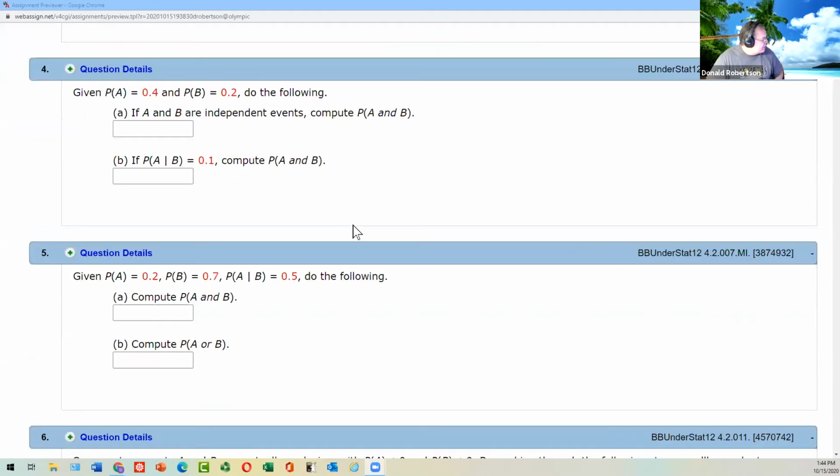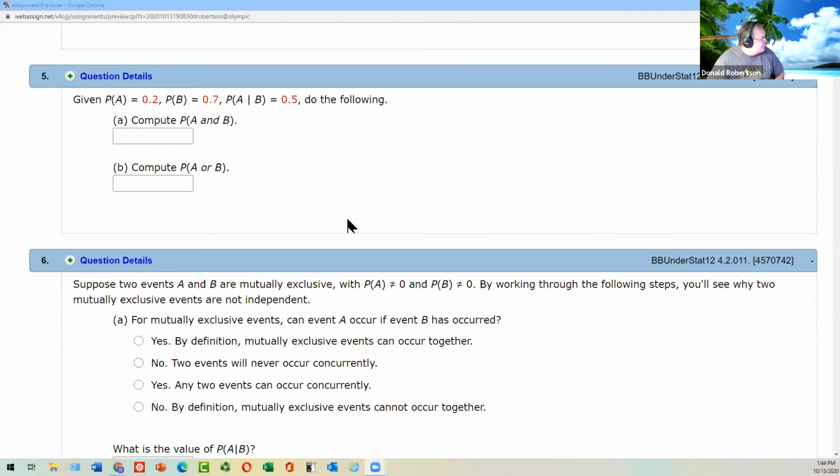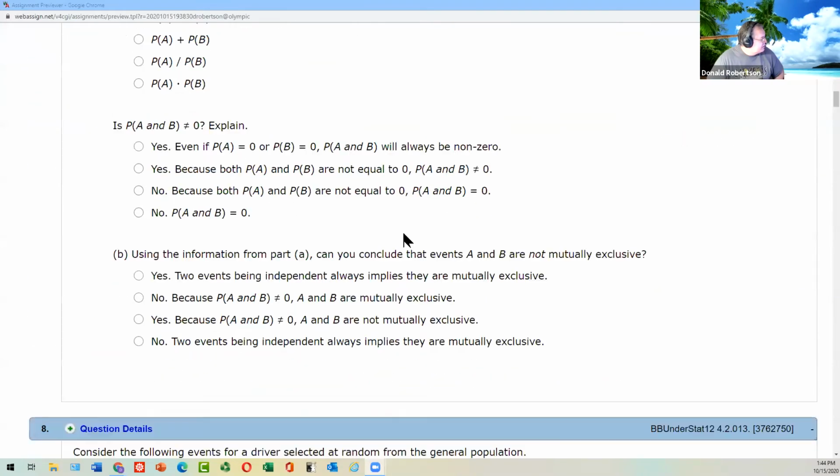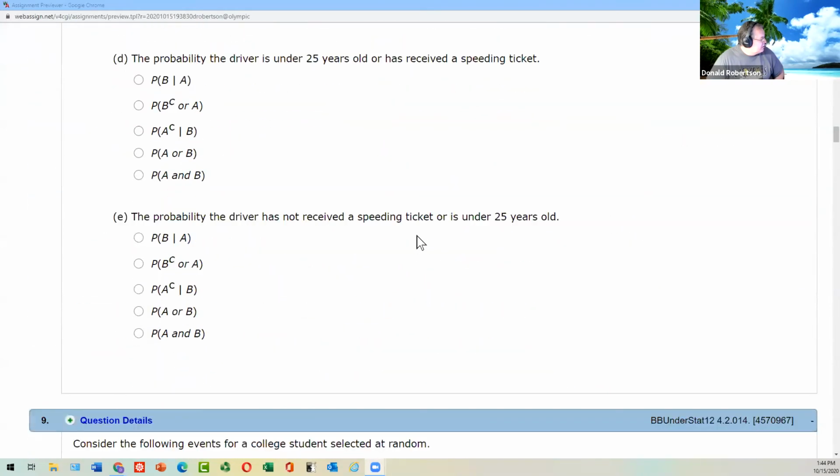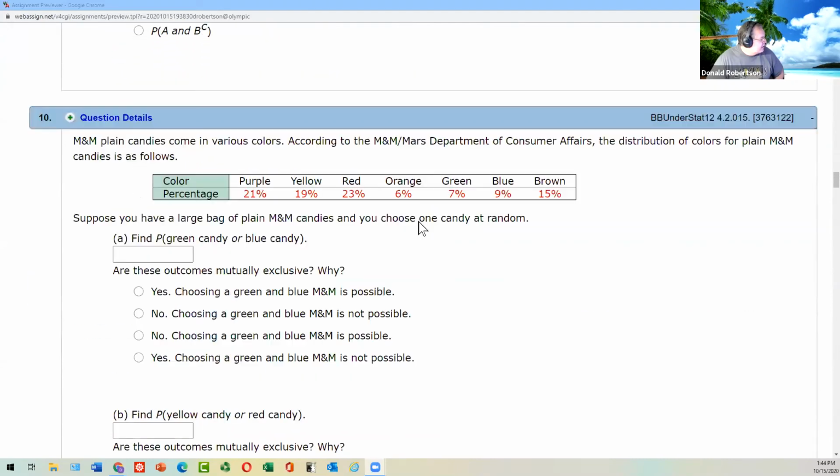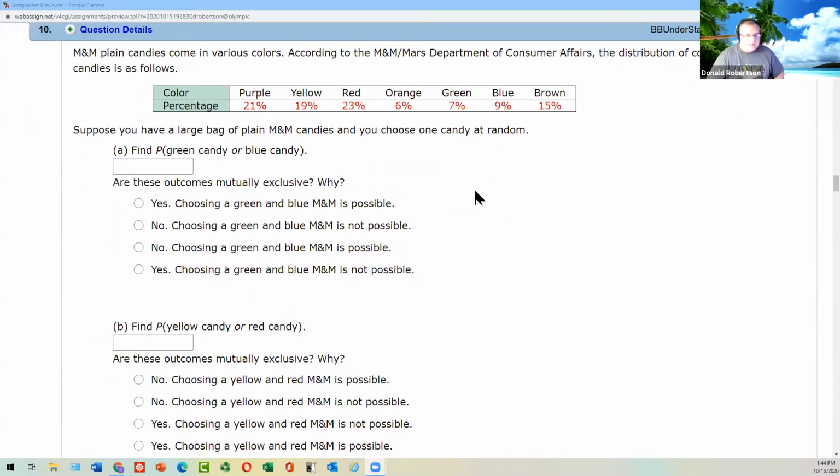Okay, let's get by some of the earlier stuff and go to some of the ones I've been doing. Okay, here's question 10. You might or might not know that M&M candies come in various colours.